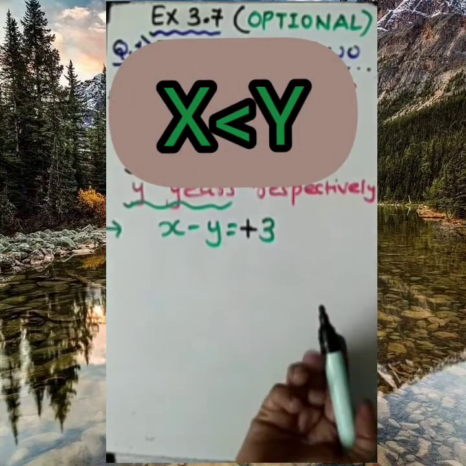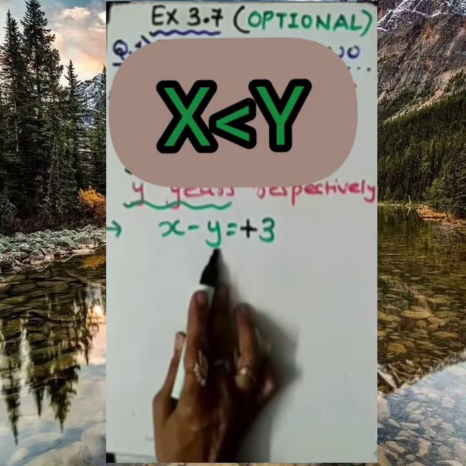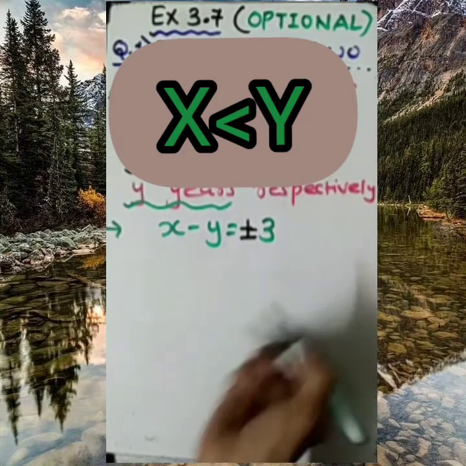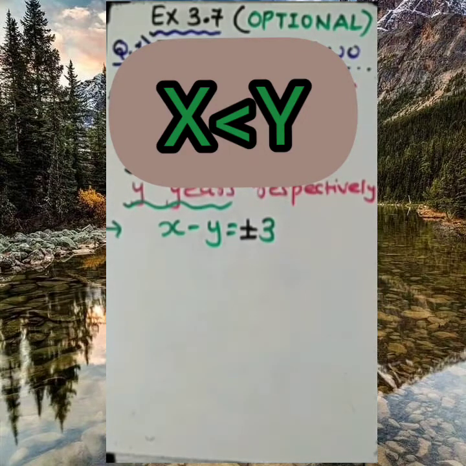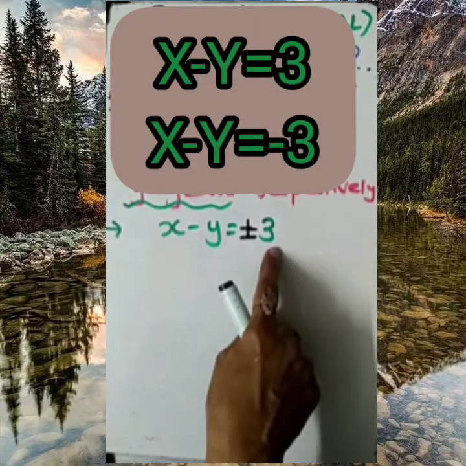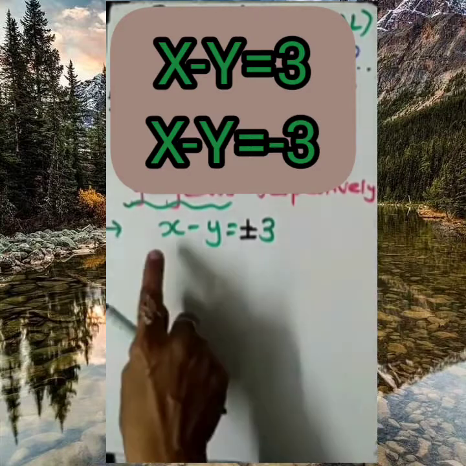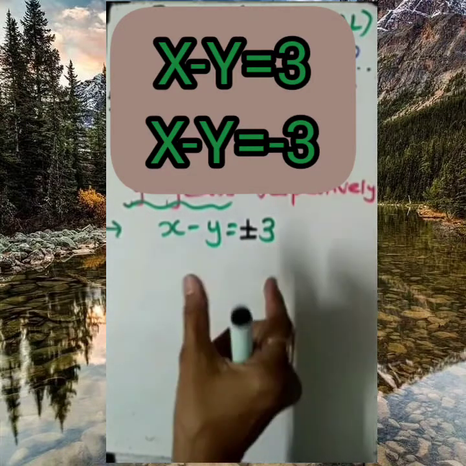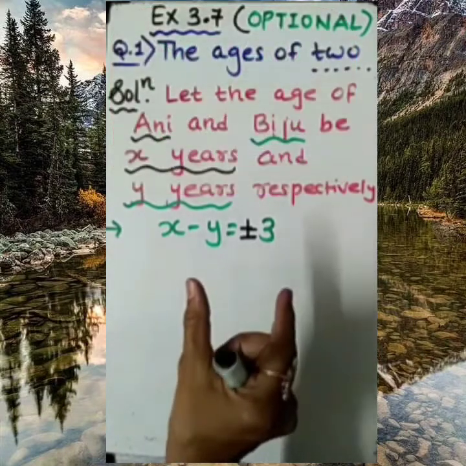But suppose Ani is younger than Biju, then the difference of their ages must be minus. So there are two options, two equations we will have: x minus y equal to plus 3, if not, then x minus y equal to minus 3.